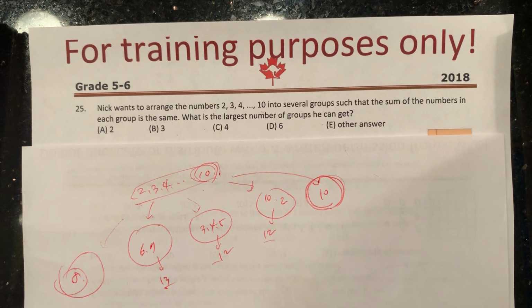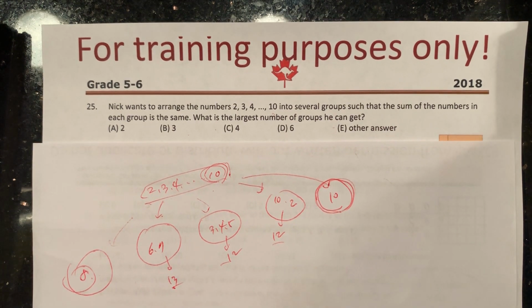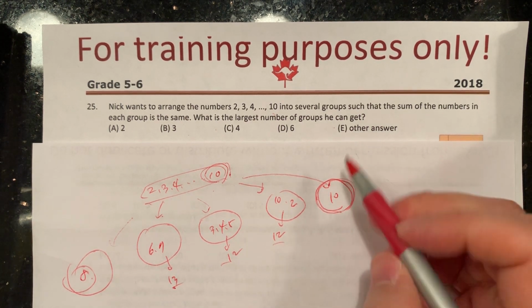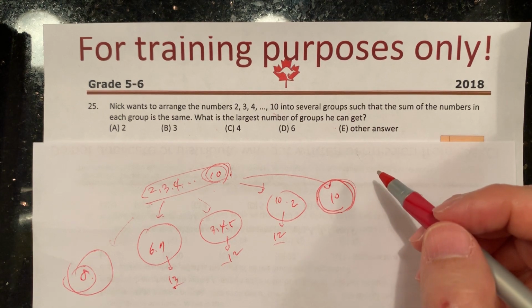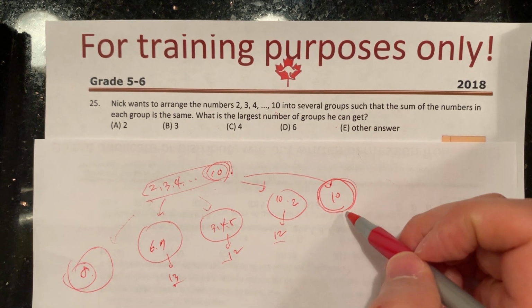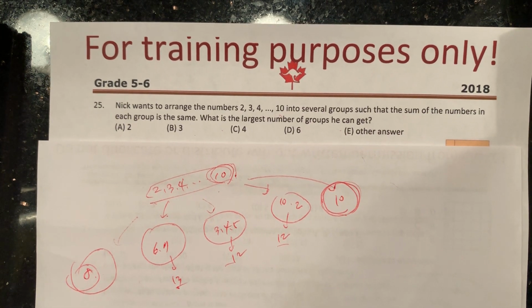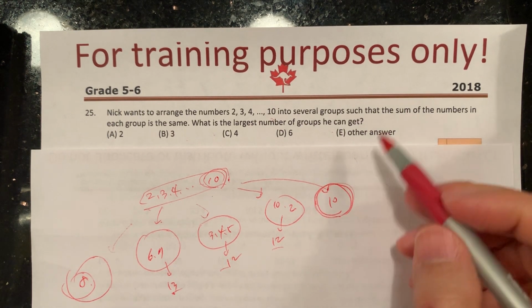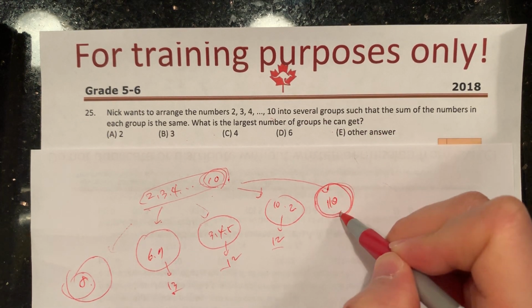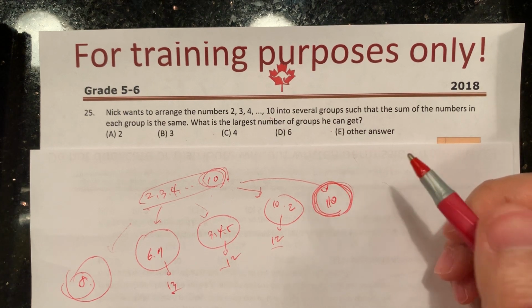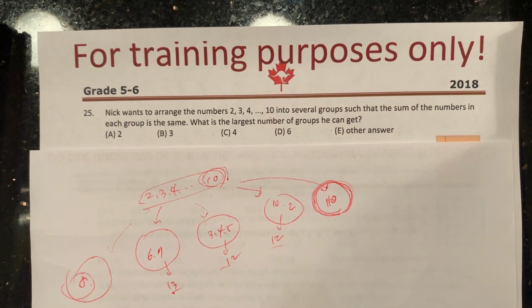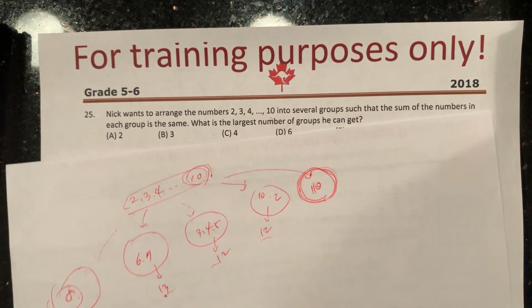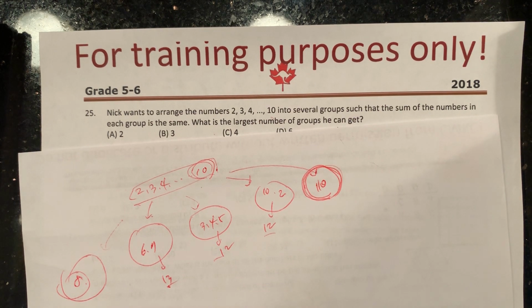This means that in whatever way you arrange these numbers, at least one group has a sum which is at least as big as 10. That's one observation.